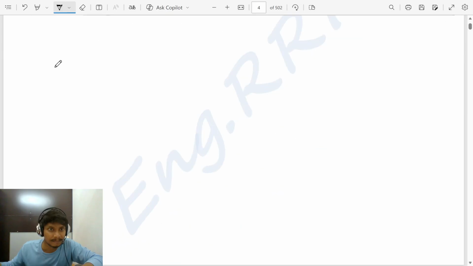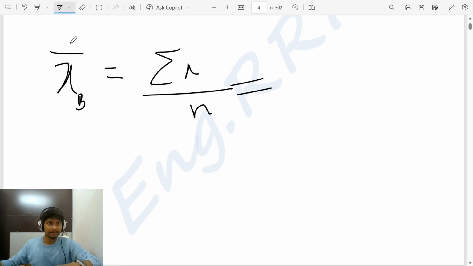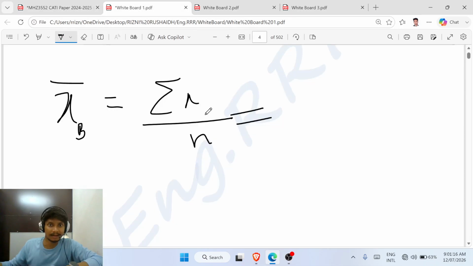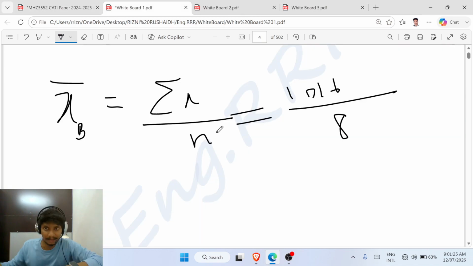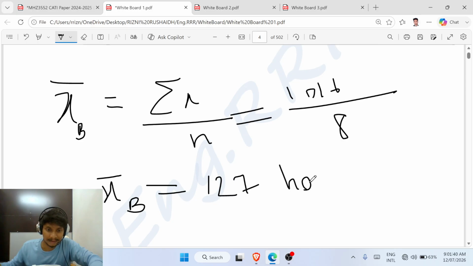Therefore, X B bar is equal to sigma X divided by N. Sigma X for B is 1016, and N is 8. So 1016 divided by 8, therefore the mean of B, X B bar, is equal to 127 hours.